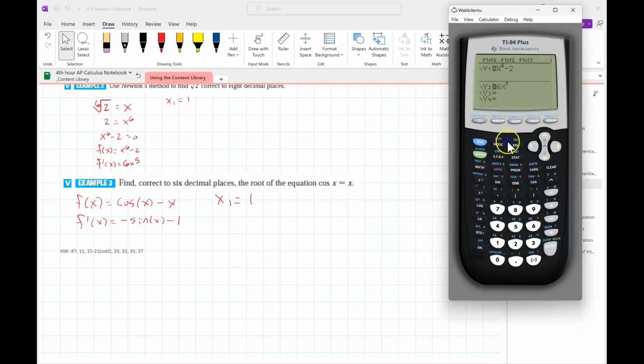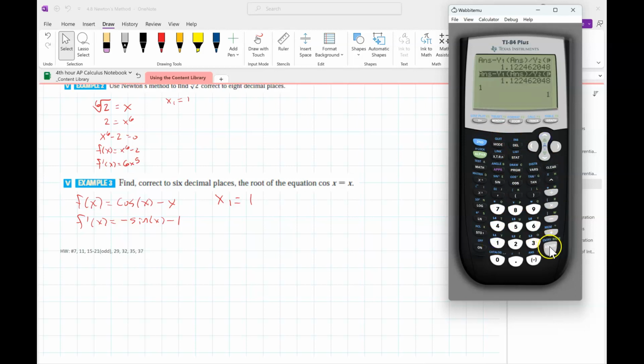So again, all I'm doing is going in and updating my y1 and y2 on my calculator, which I really love because it takes just a second. Type in my new guess, that's easy.